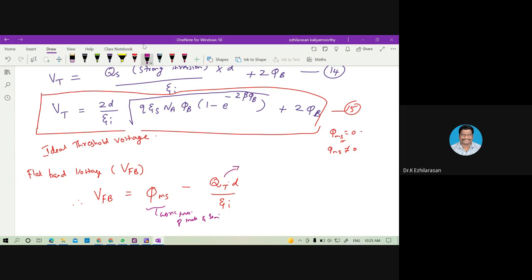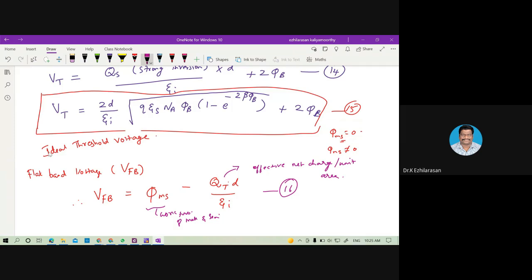Qt is the effective net charge per unit area. So this will be your VFB, the flat band voltage. I consider this as equation number 16.